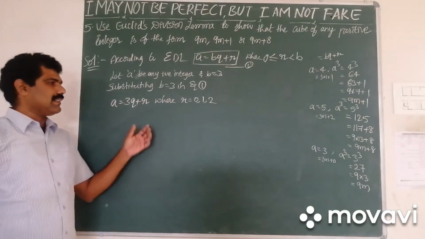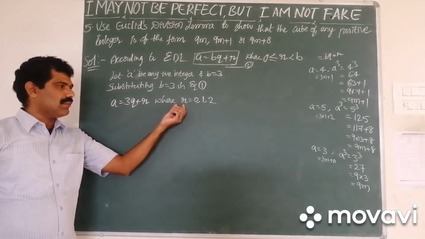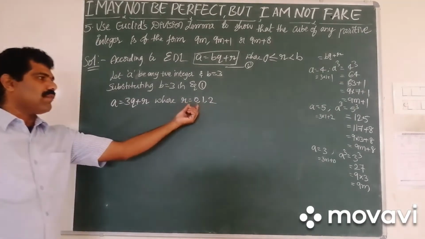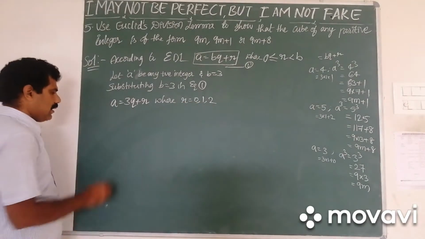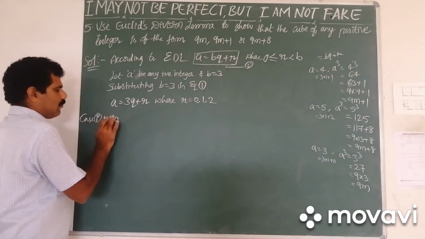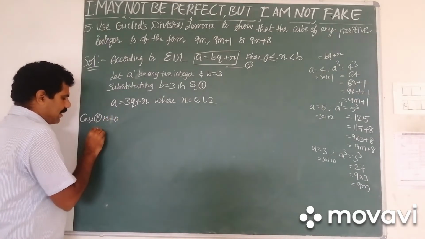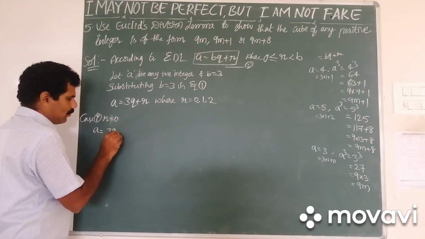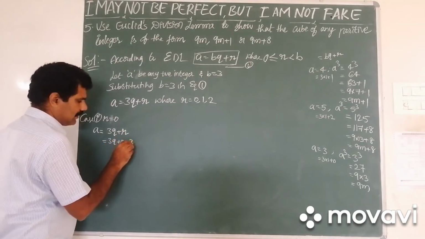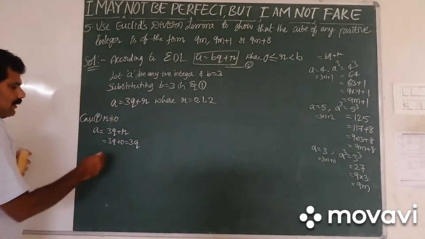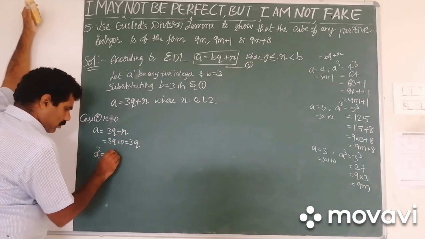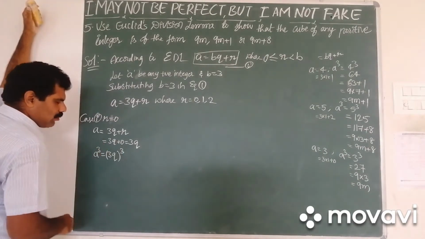Now I am going to check for 3 different cases, by taking r is equal to 1 in one case, r is equal to 0 in one case, and r is equal to 2 in another case. Let me start with r is equal to 0. If r is equal to 0, then a value will be 3q plus 0, that is 3q. If a is equal to 3q, what about a cube? A cube is equal to 3q whole cube.